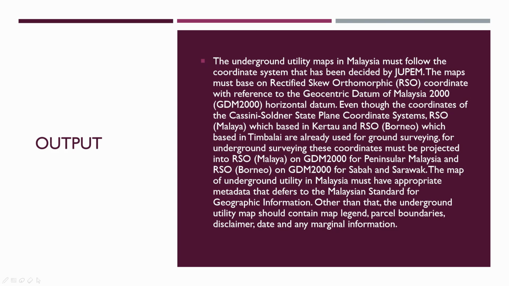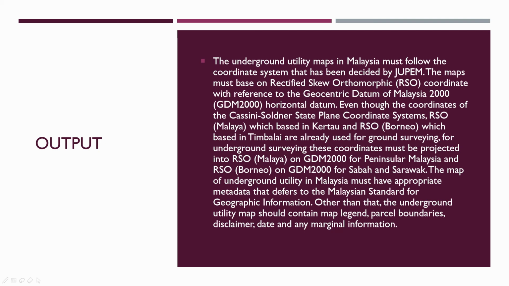The underground utility maps in Malaysia must follow the coordinate system that has been decided by JUPEM. The maps must be based on rectified skew orthomorphic RSO coordinate with reference to the Geocentric Datum of Malaysia 2000, GDM 2000 horizontal datum.